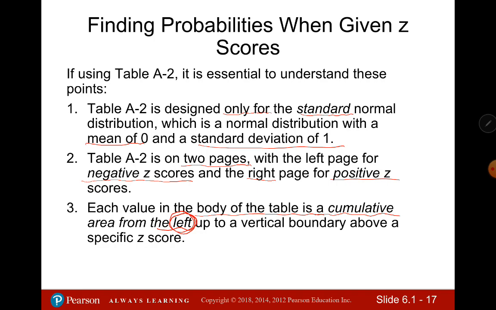I know maybe you have another course talking about the Z table, and in their Z table, maybe the area is cumulative to the right. But in our course, the table only shows you the cumulative area from the left. I hope you can understand. It's just from the left.